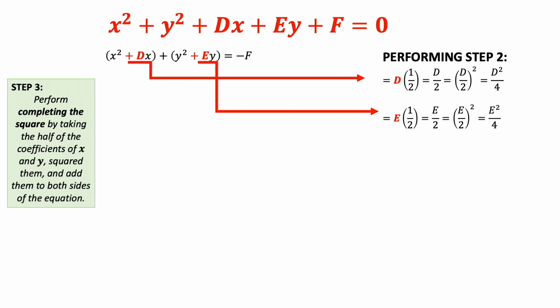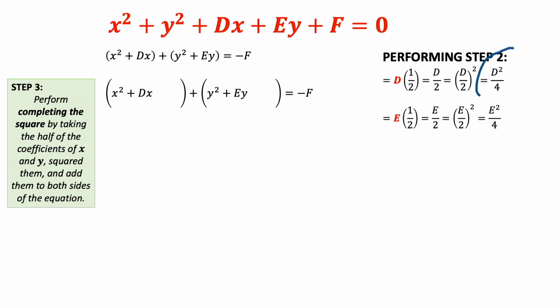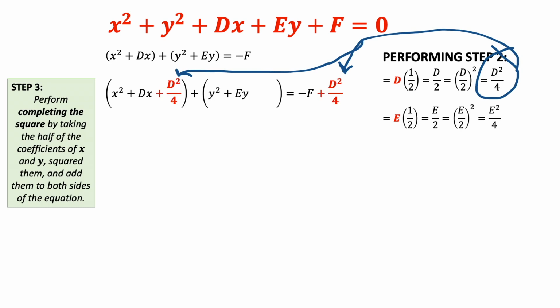Now, I will add d squared over 4 to both sides of the equation. This procedure is the same for e squared over 4.